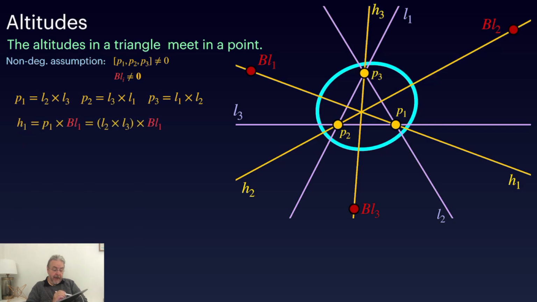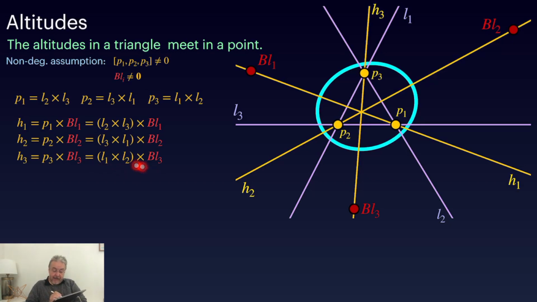So I want to calculate P1 cross product or vector product with BL1. And if I insert this expression for P1 here, it's L2 cross L3, I get L2 cross L3 cross BL1, and again I can perform this calculation because I assumed that BL1 was not a degenerate situation. I can do that for all three altitudes and get these expressions here.